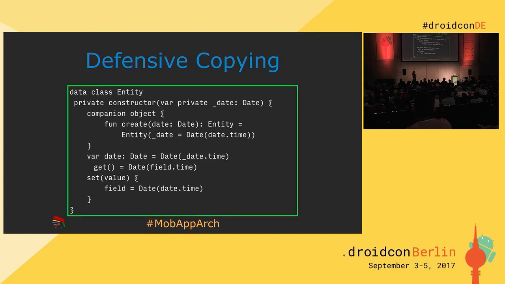Then I can have a customized getter and setter that will give you or obtain the copy when it is provided from the outside. The name of the property that is seen from the outside is the date without the underscore. The one that is used on the inside is the one with the underscore. So I'm using a backing property, which is a little bit harder from the perspective of a generated data class.